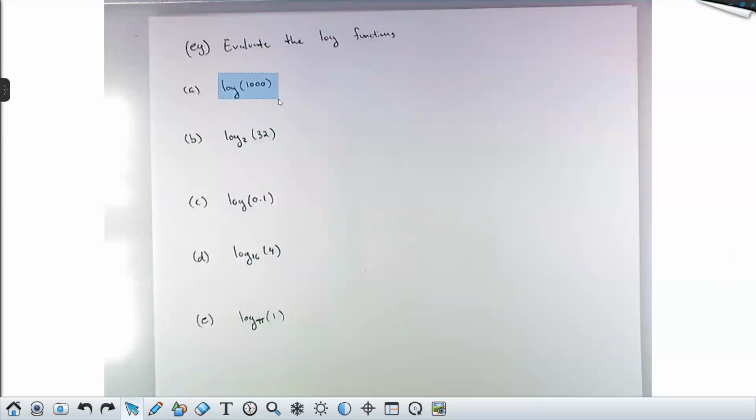What is the base 10 log of 1,000? How should we think about that?